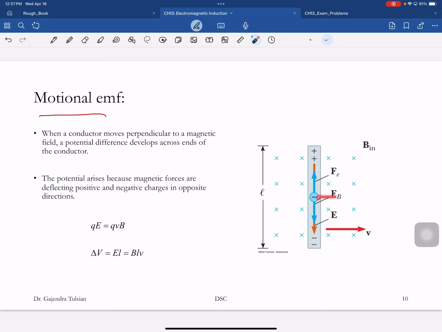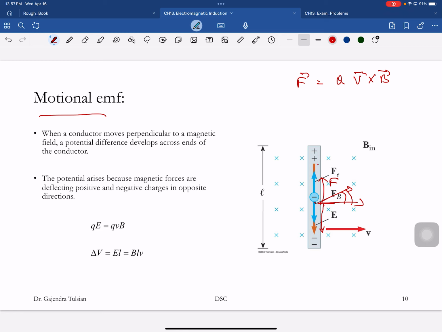So when you move this electron in this direction, the force on the charge is Q V cross B. B is into the plane, and V cross B, if you turn this vector, is a force in that direction. That would be the force on a positive charge, but this is an electron, so the force on the electron will be in this direction.